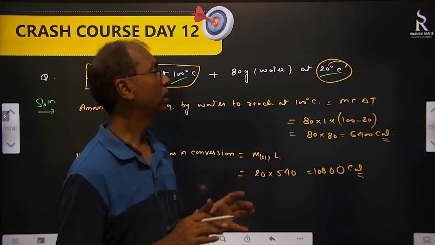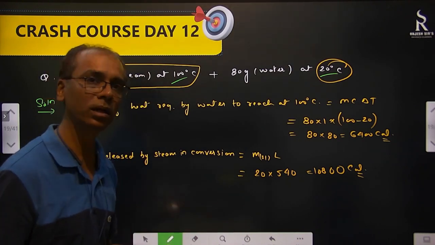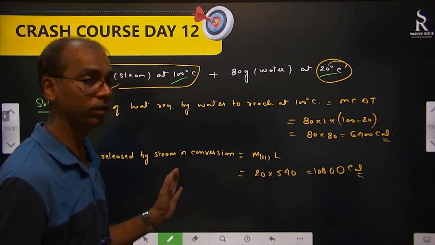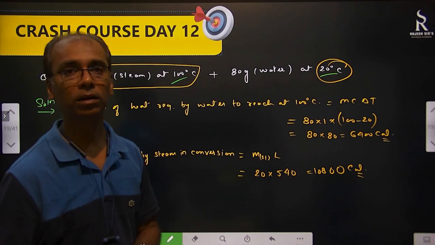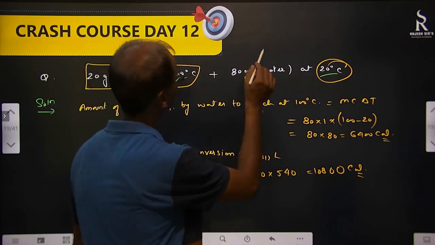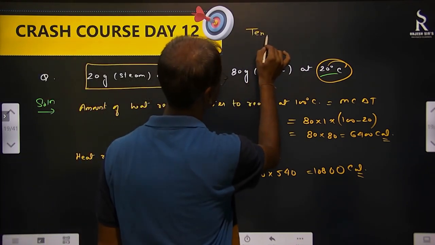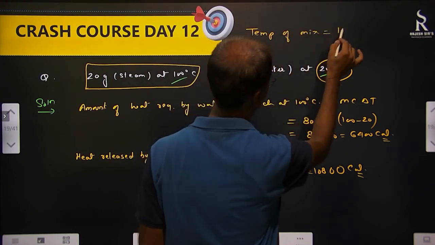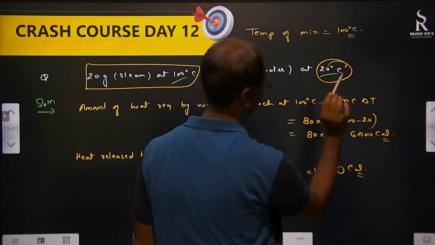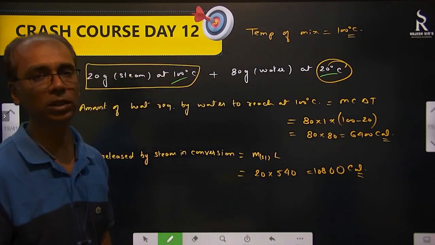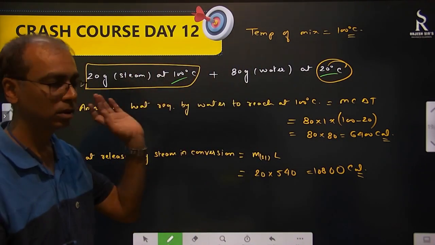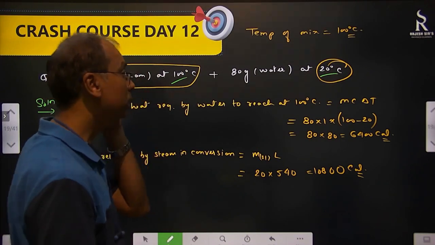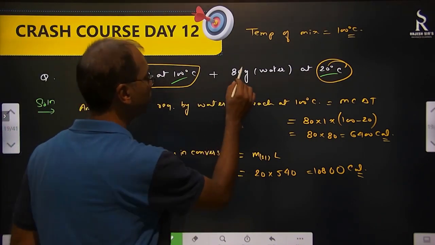Then the temperature of the mixture is 100 degrees centigrade, because steam is still left and steam can only be at 100. If only the temperature of the mixture were asked, we would already have the answer and would stop solving here. But here we want the composition also, so for composition we are solving.